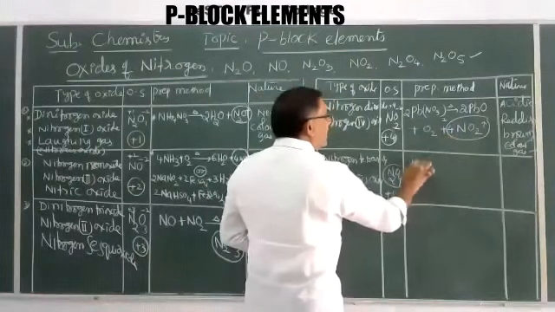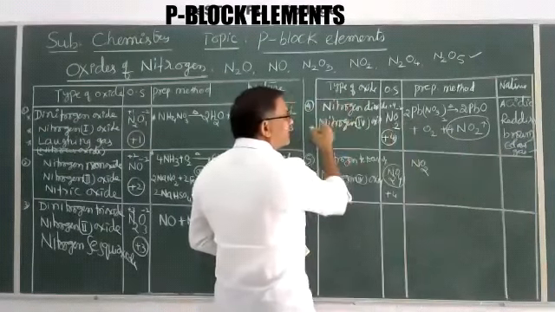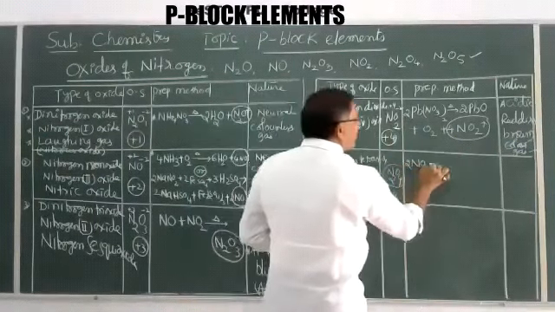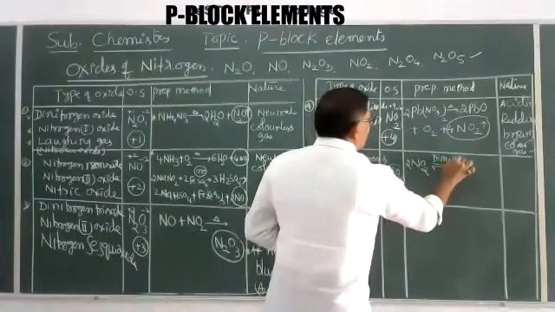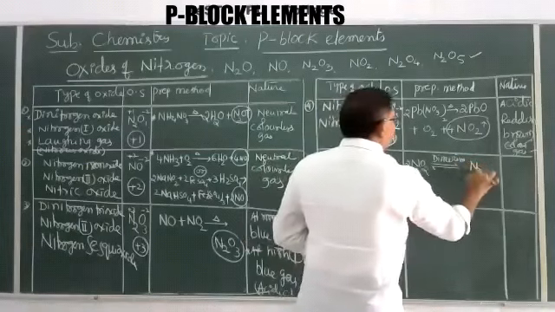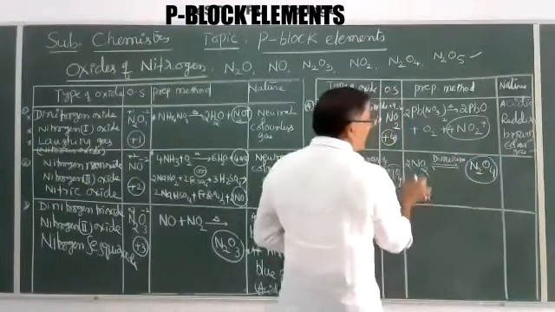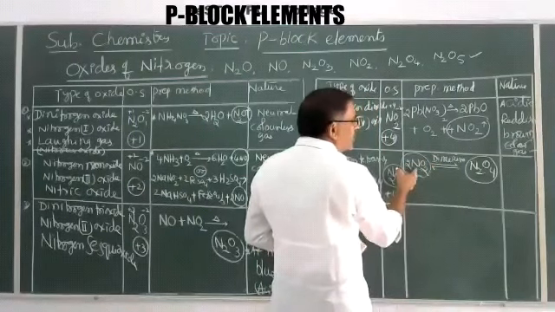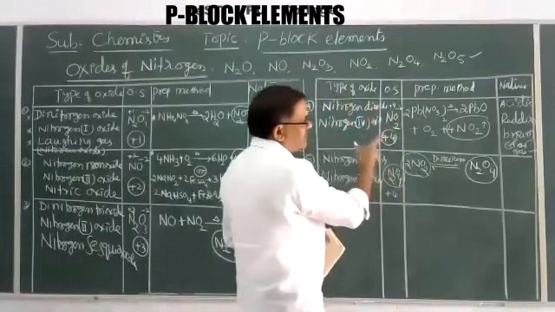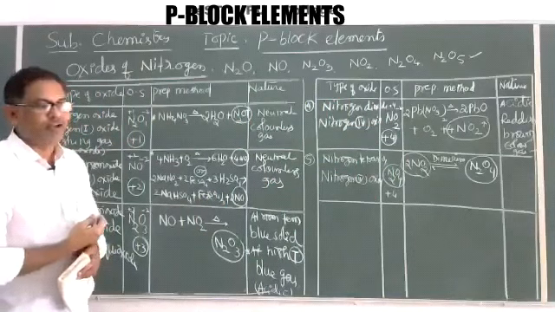The reddish brown color gas obtained in the fourth case dimerizes. 2 moles of these dimerize and give N2O4, nitrogen tetroxide. Dimer means 2 molecules. Why does NO2 dimerize? It is a 2 marks question. I will explain that at the end of this table. Very, very important.